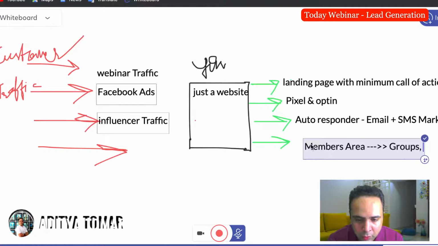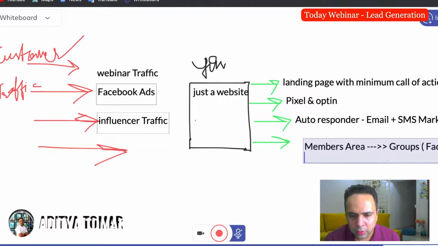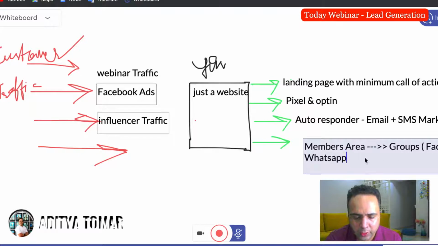Groups include your Facebook, your WhatsApp, Telegram, or your own forum.